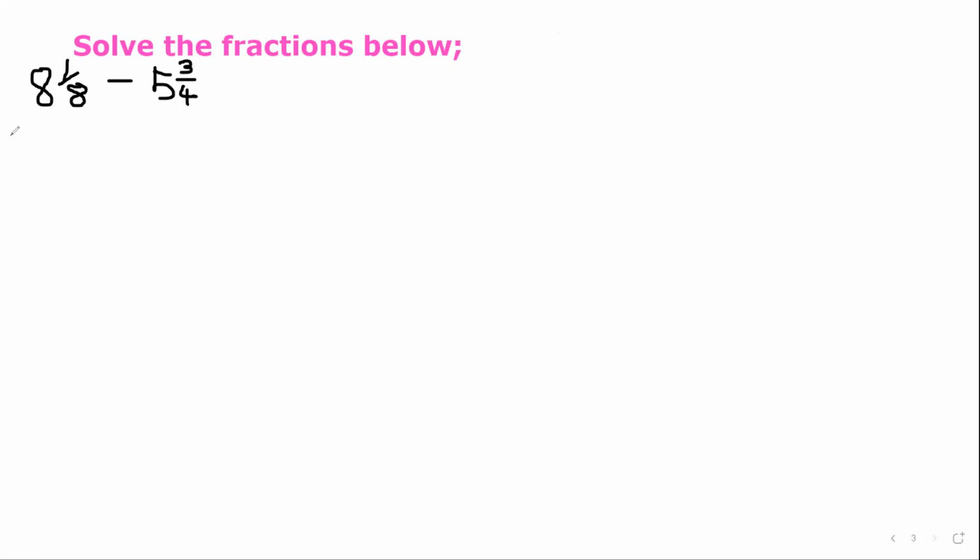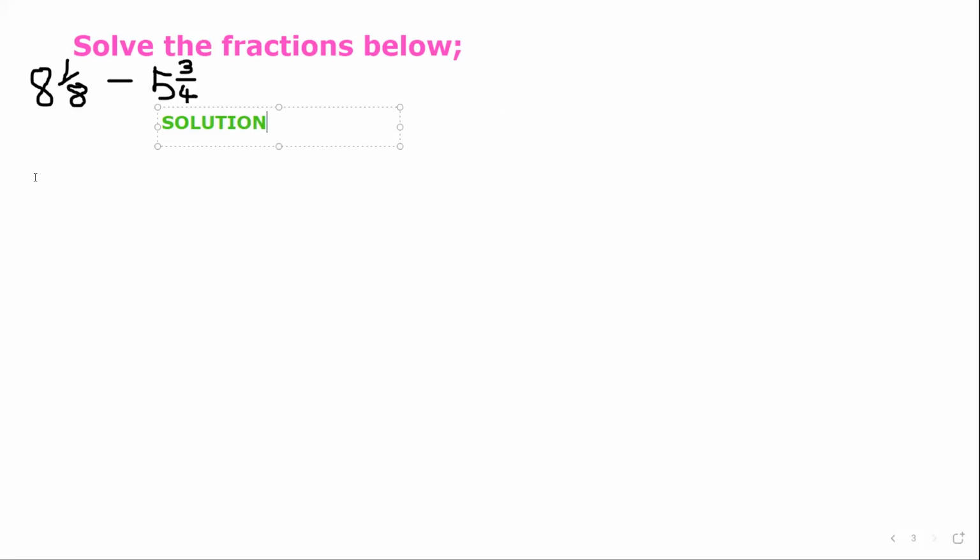Like what we did, we can easily subtract the whole numbers first, and then that one will be 8 when you solve it. Let me write the solution first. Good.